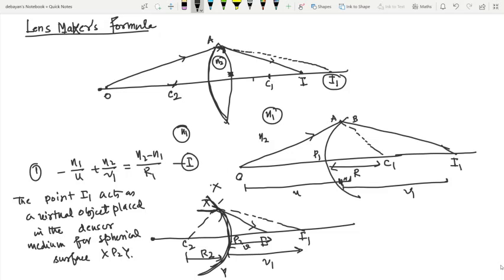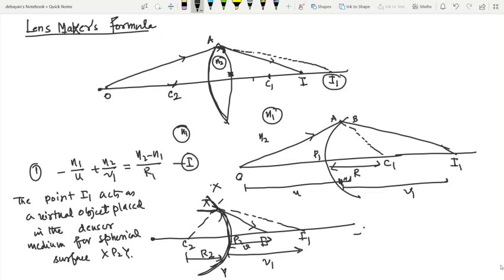Since the object is treated as a virtual object placed in the denser medium, we use the second formula: n2 by v1 plus n1 by v equals n1 minus n2 by r2. That is equation number 2.